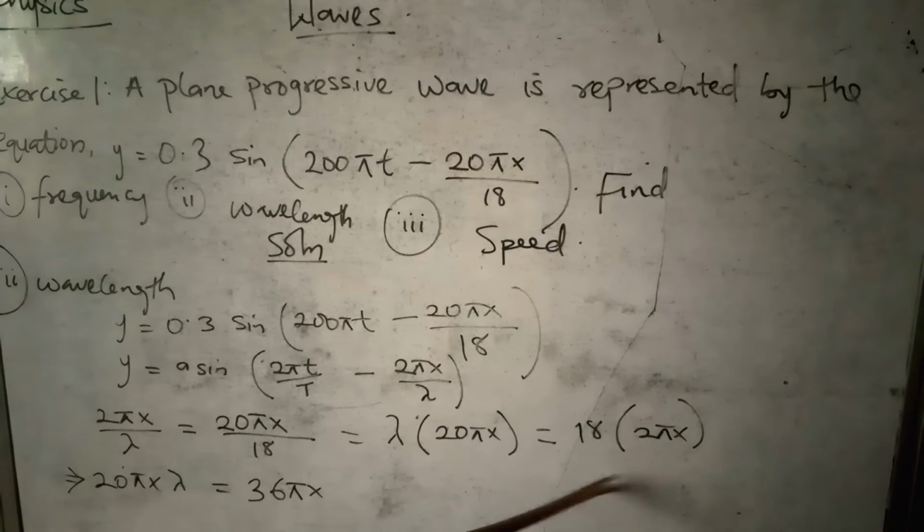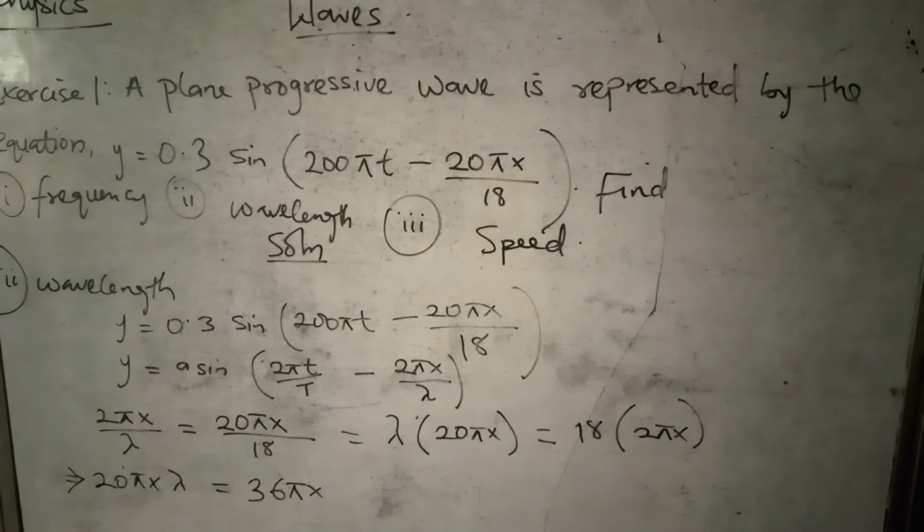From here, we are going to multiply everything in the bracket out. Wavelength times 20πx will give us 20πx wavelength, equal to 18 multiplied by 2πx, which gives us 36πx.